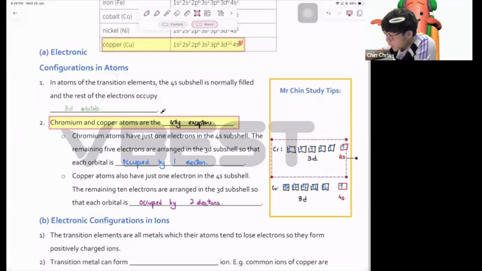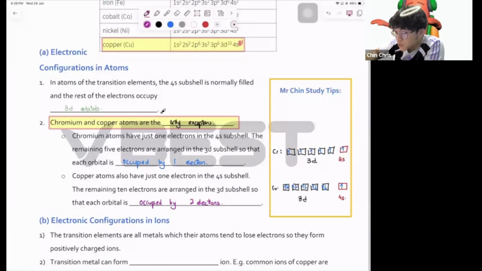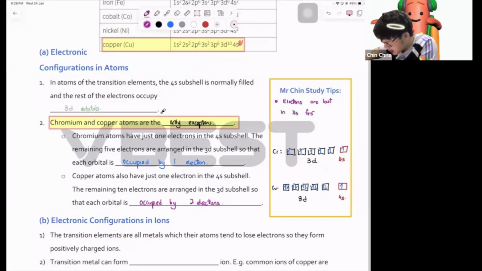Alright, guys, I want you to add another study tip here. When losing electrons, electrons are lost from 4s first, then 3d. When you are filling electrons, we fill 4s before 3d.